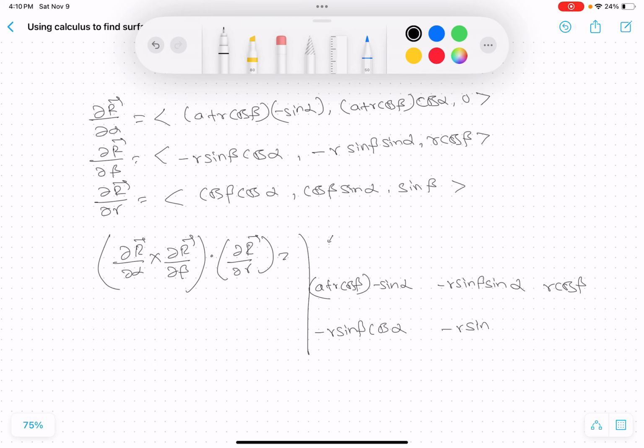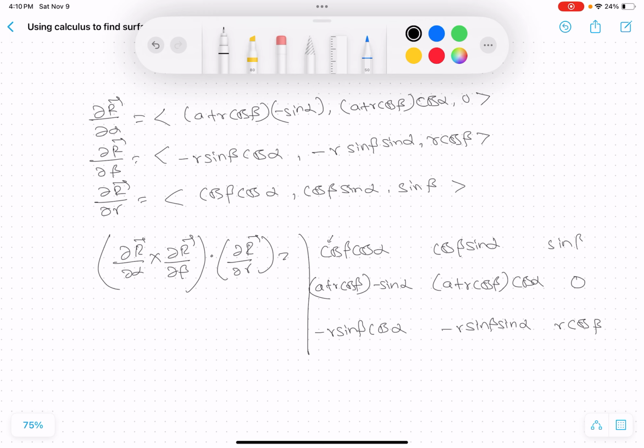R cos beta. Oh wait, this should be, I'm writing it wrong. This is a plus r cos beta cos alpha, times 0, r cos beta, and this is cos beta cos alpha, cos beta sine alpha, sine beta, right?